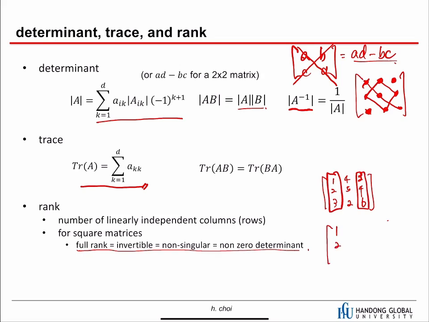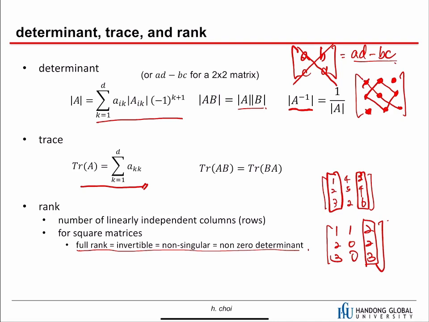Let me explain this one. We have 1, 0, 0, and 2, 2, 3. In this case also, the rank of this matrix is 2, because we can get this column vector from the summation of these 2 vectors.